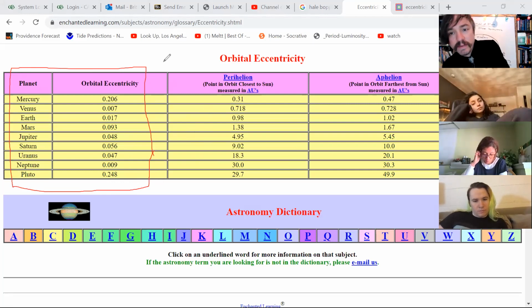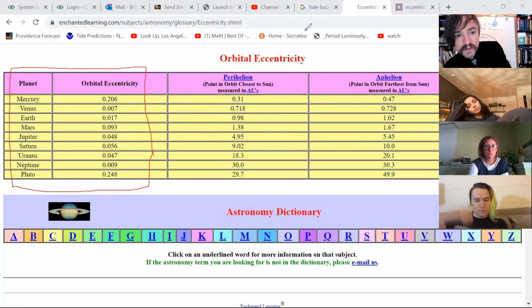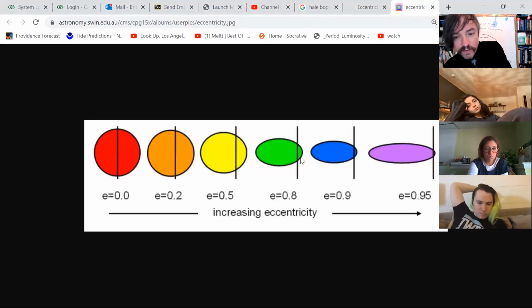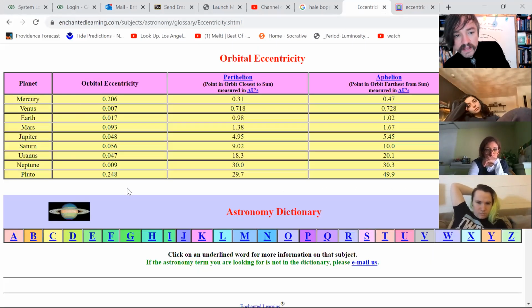Based on what I just talked about, eccentricities can go from 0 to 99%. What do you notice about the eccentricities of the planets?